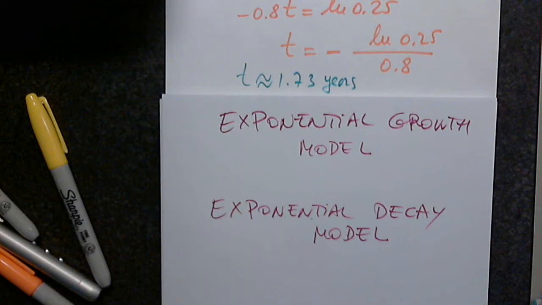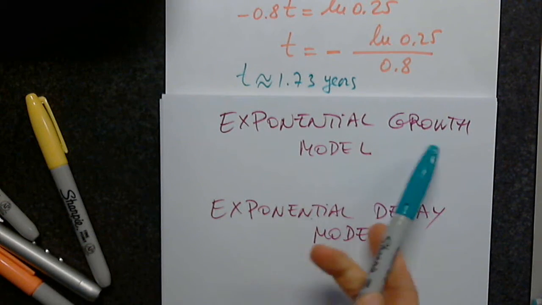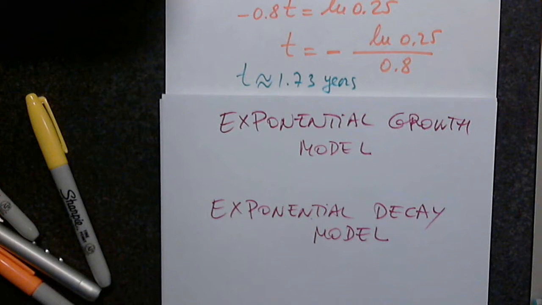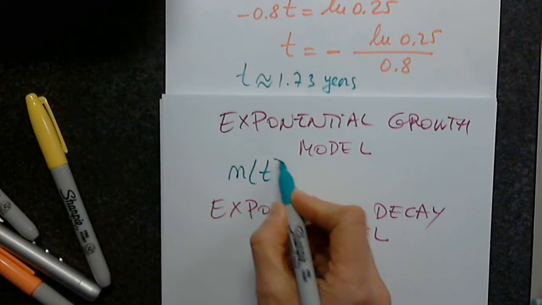Those two models are very similar. We normally use two different notations. The exponential growth model normally uses n as the number of bacteria, number of the population, number of bats, number of mice, number of rats, number of rabbits, number, n. So it's n of t.